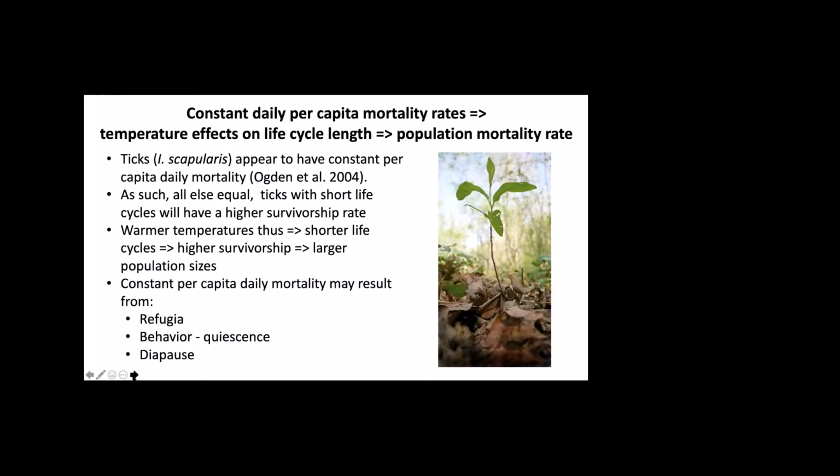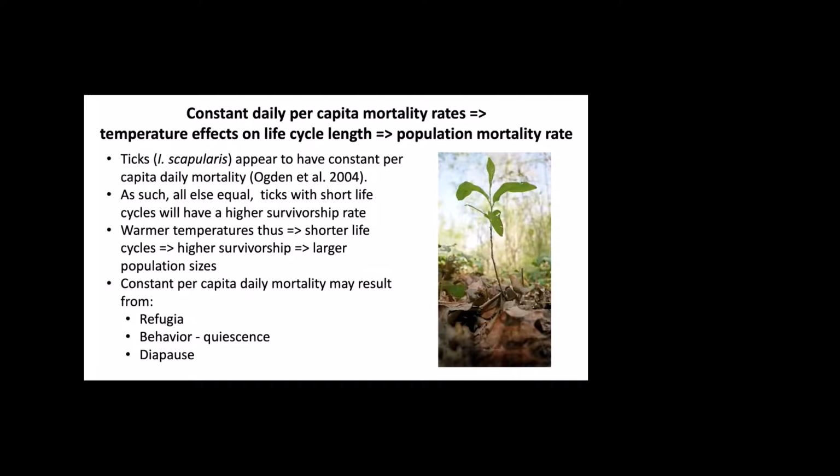So, all things equal, warmer temperatures should speed up, sorry, I think I've reversed the slides here, the mechanism, but warmer temperatures should increase the rate at which each life stage develops, and therefore lead to a shorter life cycle, which means higher survivorship and then perhaps larger population sizes.